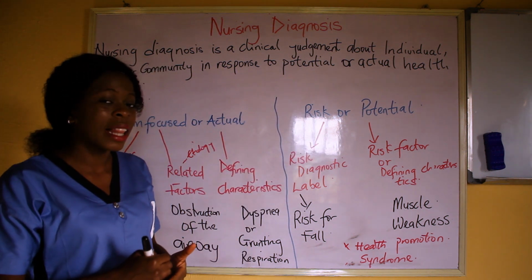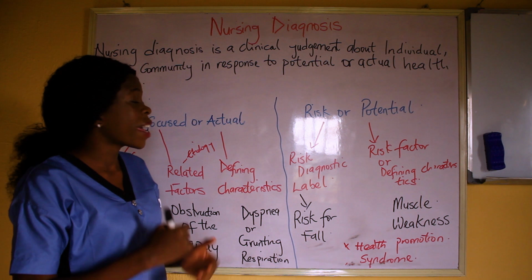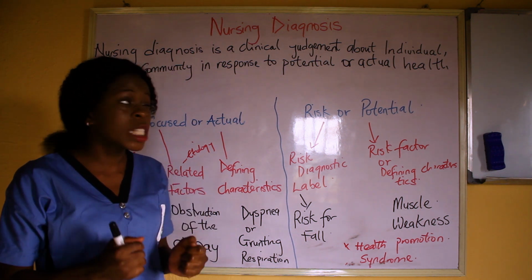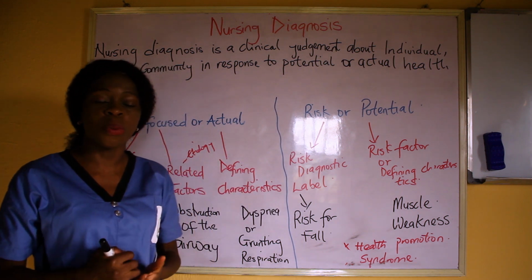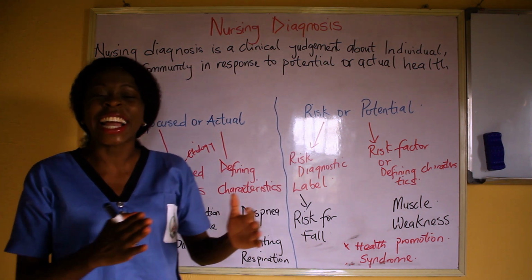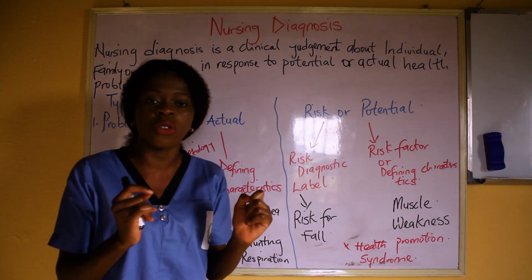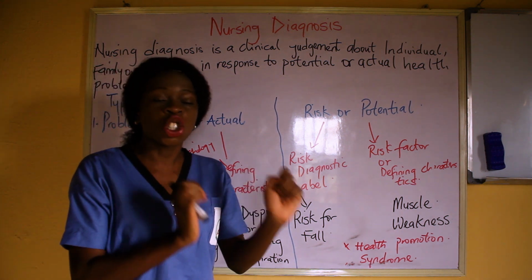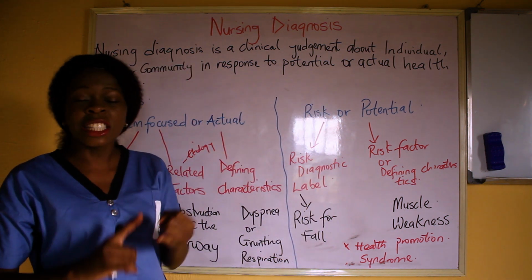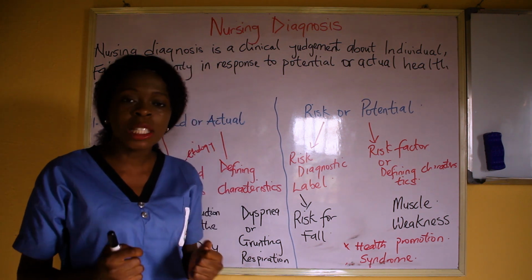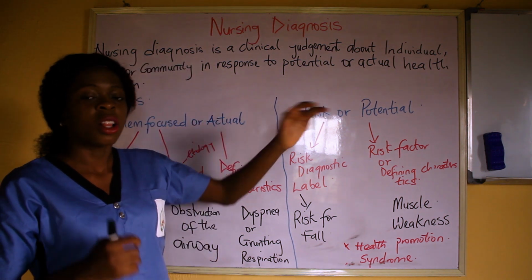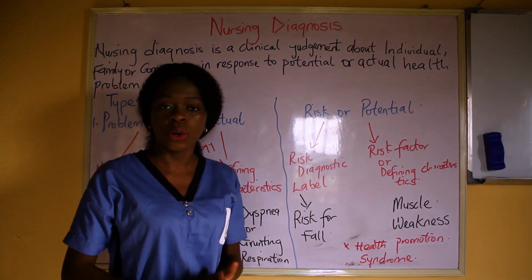An individual, a family, or a community in response to potential or actual health problem. Take note of those two words: clinical judgment about an individual, family, or community in response to potential or actual health problem.